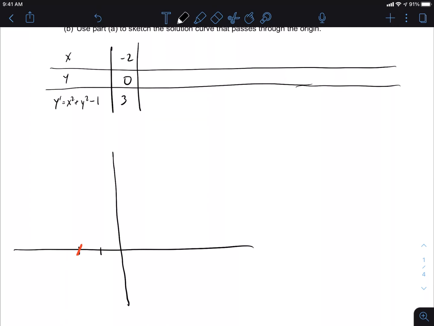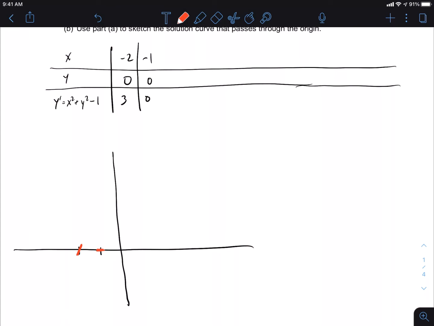So let's say I use -1, 0. Again, it's just a point on the plane. What's the slope going to be there? Zero. Right? It's going to be 0. So then when I go back to this thing, it's going to be a flat line.